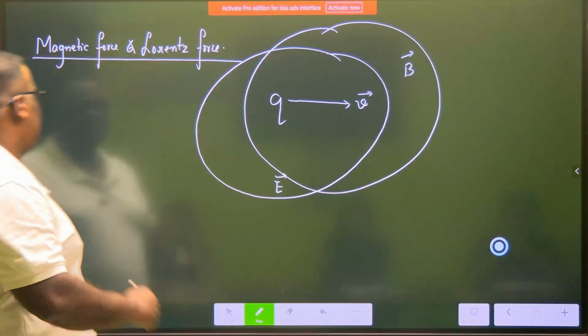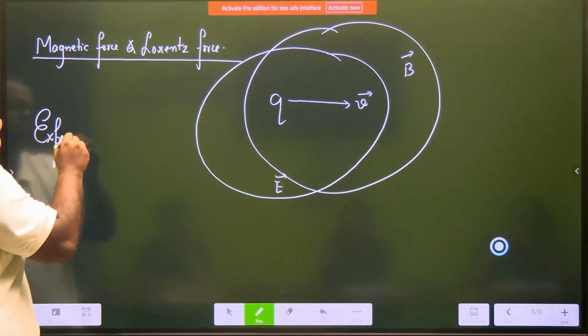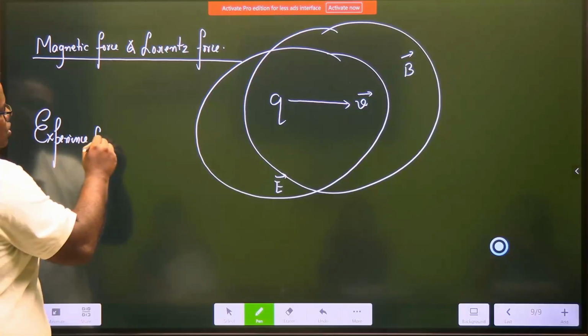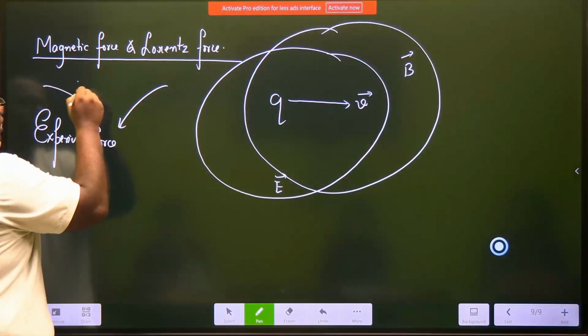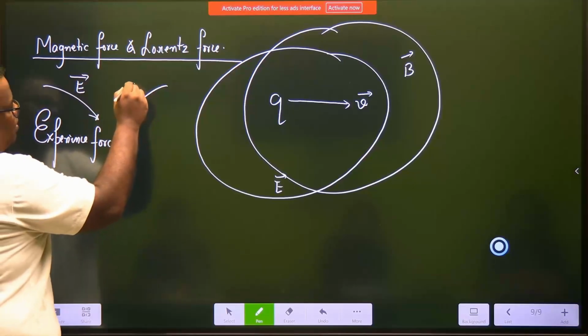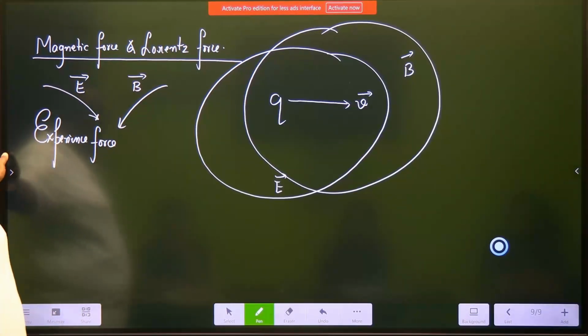Now what happens? This charge is going to experience a force, and this force will be contributed by both the fields, the electric field as well as the magnetic field. Do you agree?